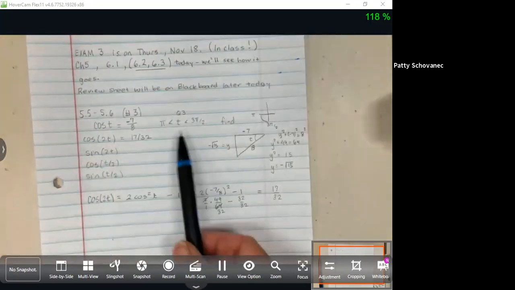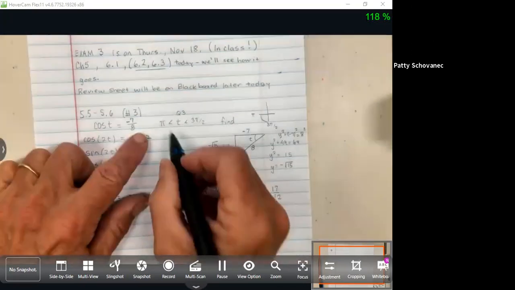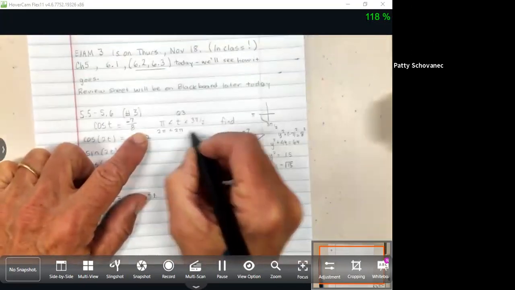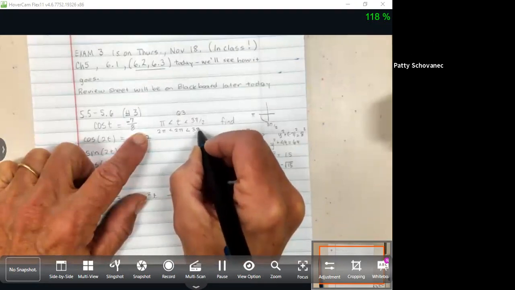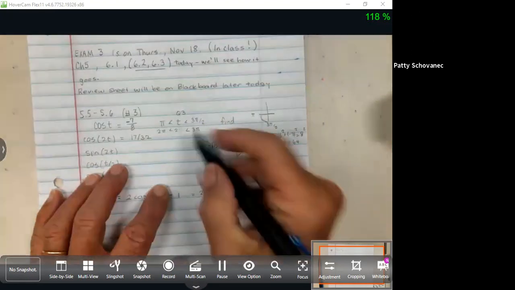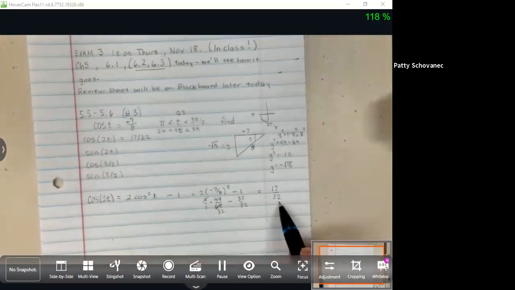Notice that if t lies between pi and 3π/2, if I go through here and double everything, then 2t is between 2π and 3π. So that says it's in either quadrant 1 or 2. Since it's positive, it's in quadrant 1.